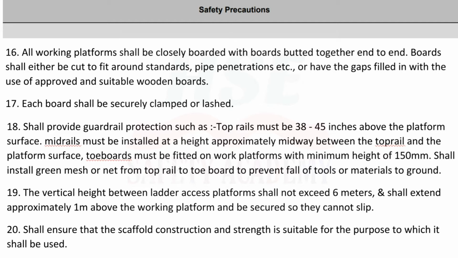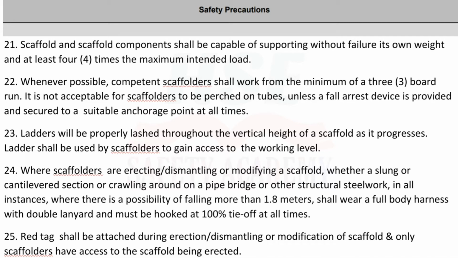20. Shall ensure that the scaffold construction and strength is suitable for the purpose to which it shall be used. 21. Scaffold and scaffold components shall be capable of supporting without failure its own weight and at least 4 times the maximum intended load. 22. Whenever possible, competent scaffolders shall work from the minimum of a 3 board run.